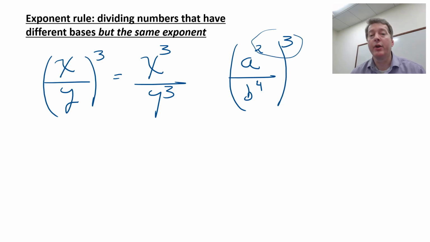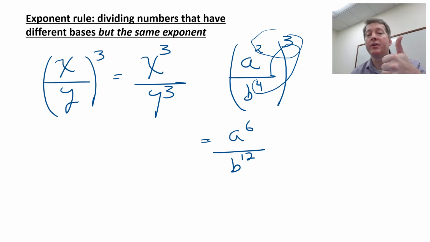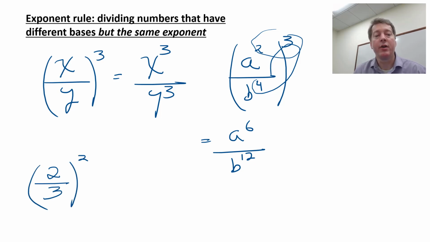Well, a squared cubed is a to the 6th, divided by b to the 4th cubed, which is b to the 12th. So you cube the a squared and you also cube the b to the 4th. And let's just write a very simple example. Suppose you had 2/3 squared. You apply the exponent to both the numerator and the denominator. So it's 2 squared in the numerator is 4, 3 squared in the denominator is 9, so you would have 4/9.